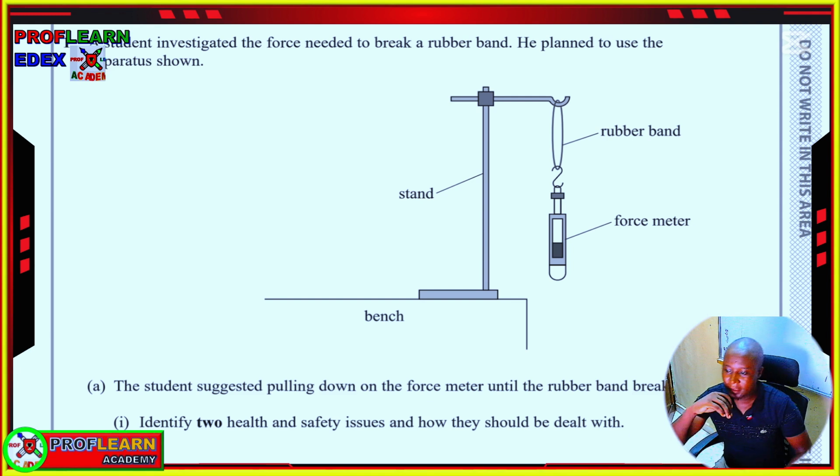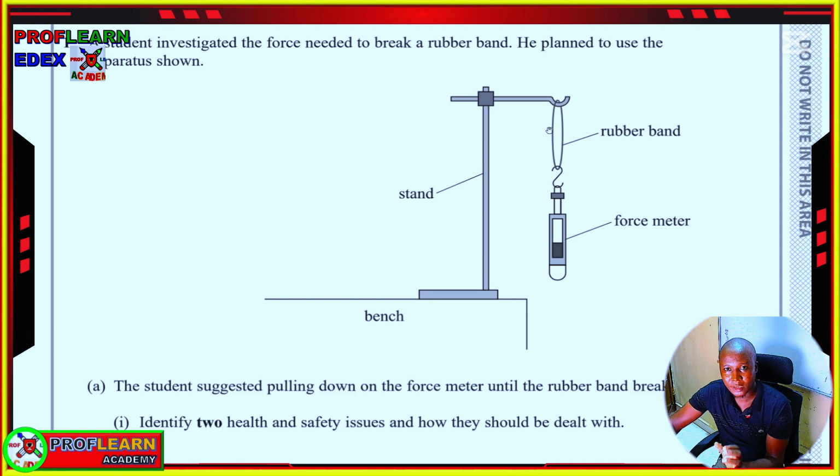Now, for instance, here we are provided with a spring, a force meter, and a rubber band. The student investigated the force needed to break this. So basically this is a stretching of materials, which we learned when we were discussing Hooke's law and how a rubber band stretches.